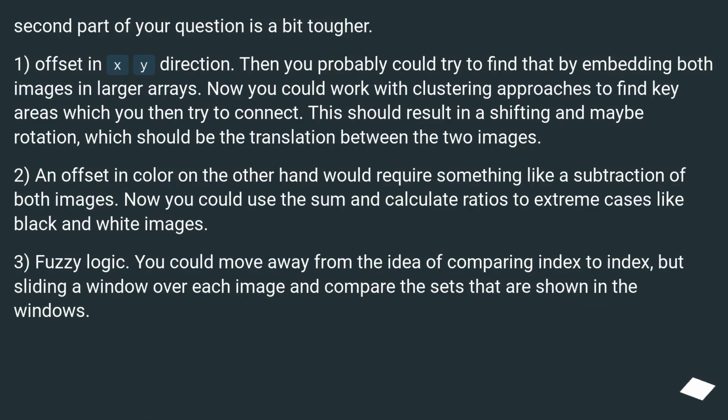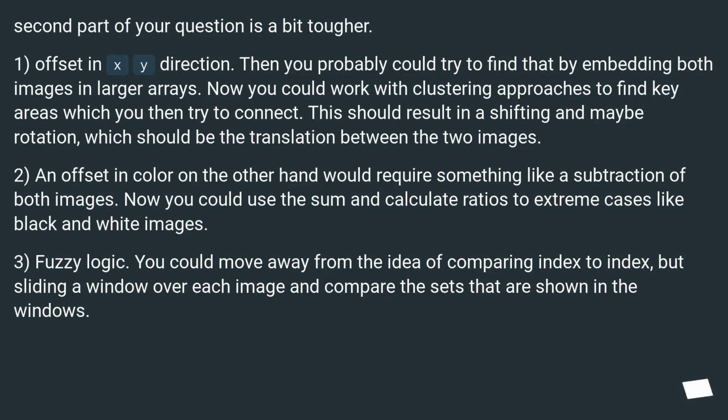Second part of your question is a bit tougher. 1. Offset in XY direction. Then you probably could try to find that by embedding both images in larger arrays. Now you could work with clustering approaches to find key areas which you then try to connect. This should result in a shifting and maybe rotation, which should be the translation between the two images. 2.